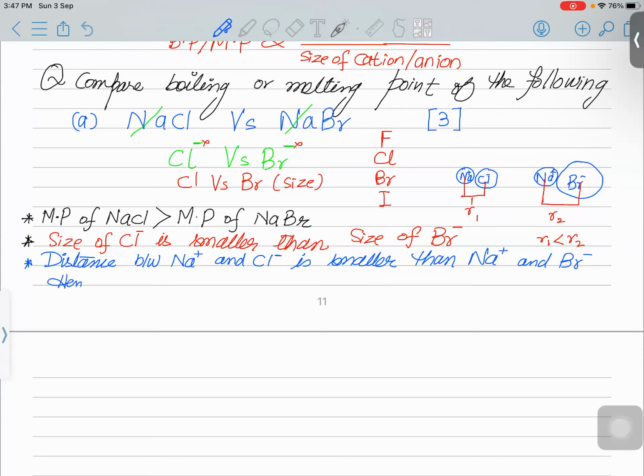Hence, NaCl has a stronger electrostatic force of attraction than NaBr.